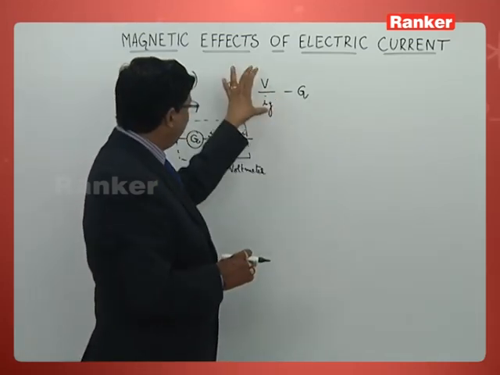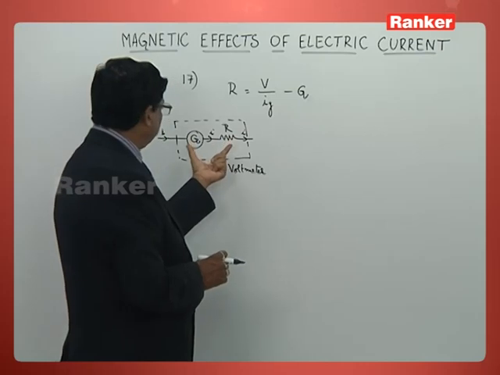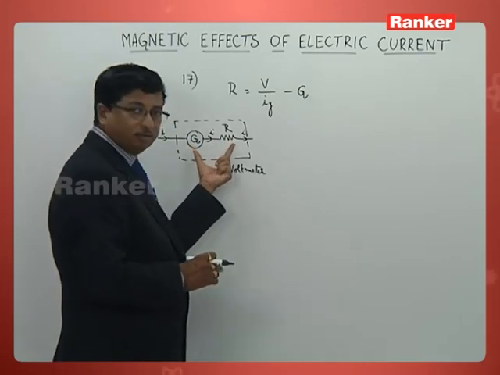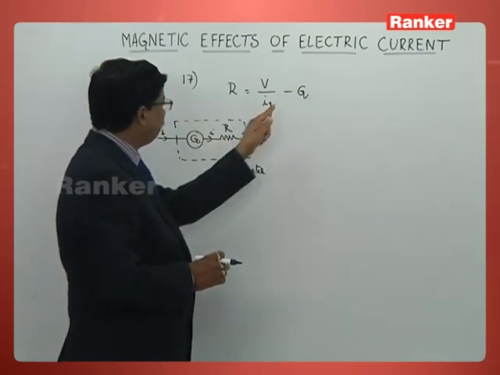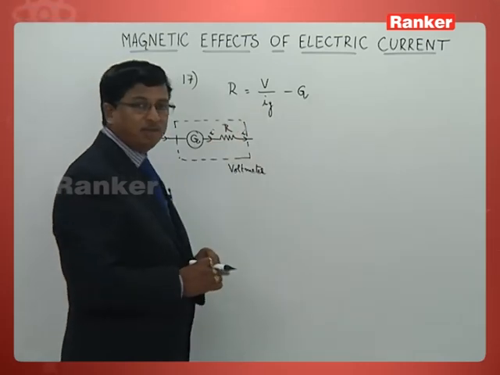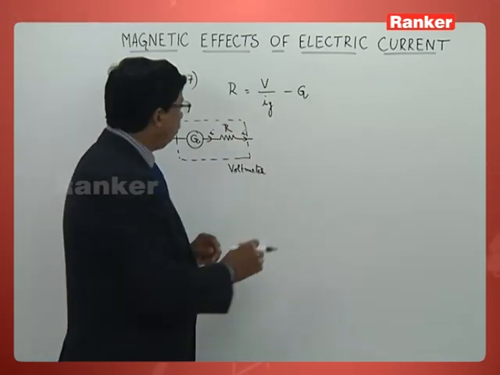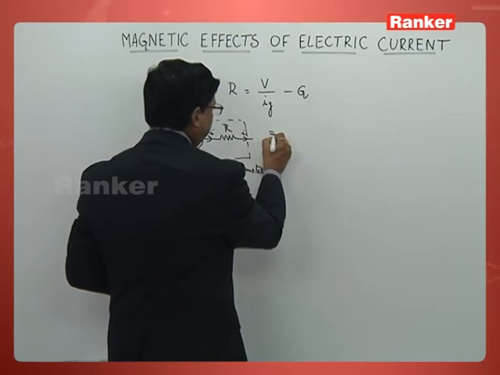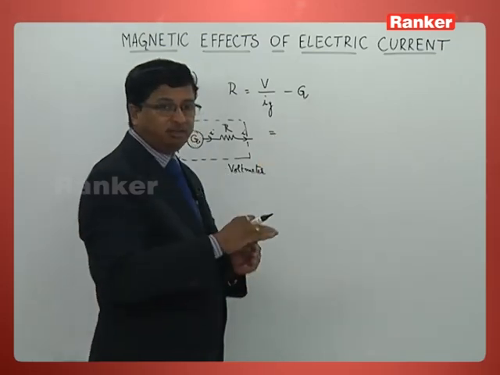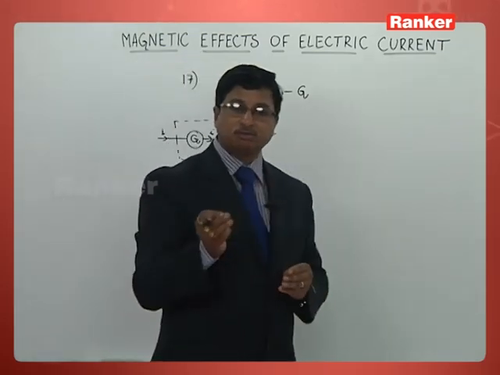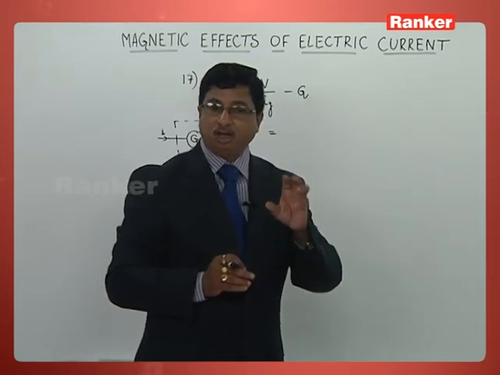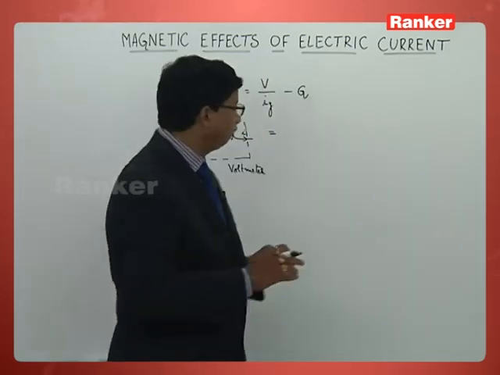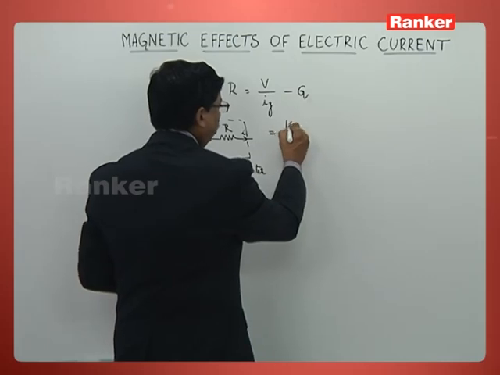Therefore, V by Ig gives you the effective resistance of this system, and that minus G will now be the value of R. Now look at the values he has mentioned. What range of voltmeter does he want? A range of 100 volt, he said. So directly you can write 100 over here.